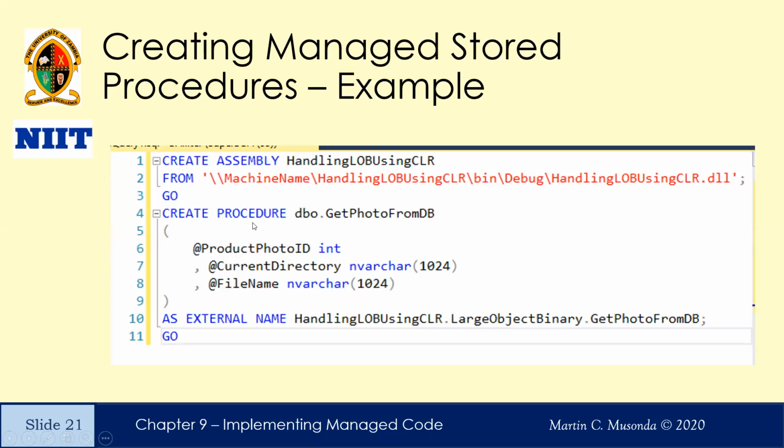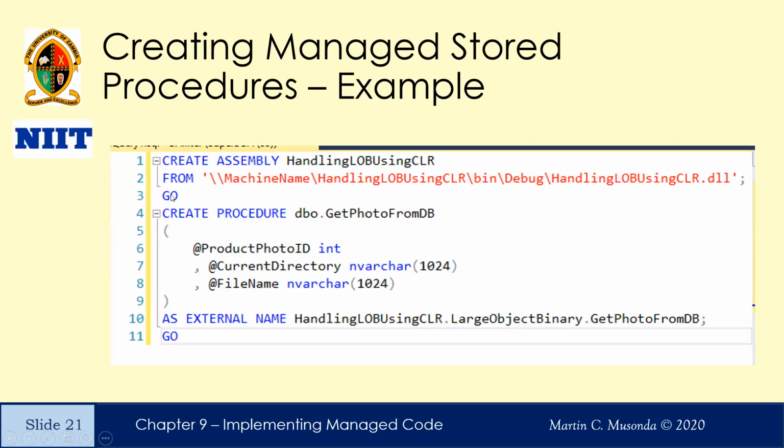So what we are saying is we have this as an assembly which has been created and has been imported into SQL Server by this statement here, create assembly up to go. And immediately you should recognize that this is a batch.